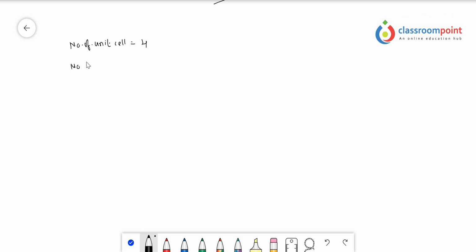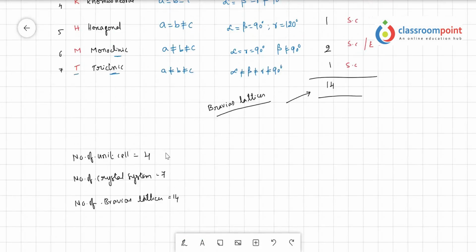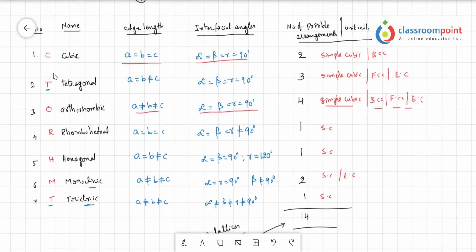Number of crystal systems equals 7. Number of Bravais lattices is equal to 14.